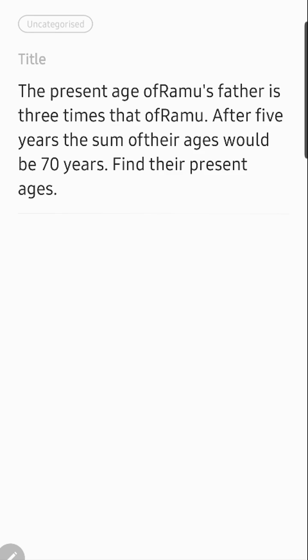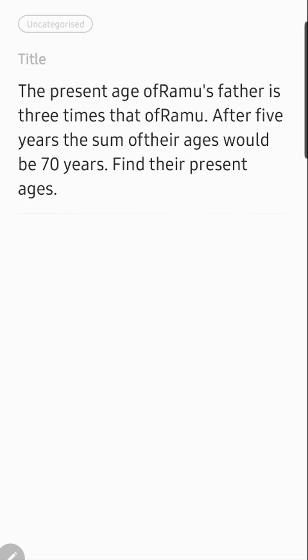That is the unknown quantity, and unknown quantities we always take as variables. What is x, we have to know first. Here we don't know Ramu's age or his father's age, both we don't know, but what is the relation given? The present age of Ramu's father is 3 times that of Ramu. So how much is Ramu's father's age?